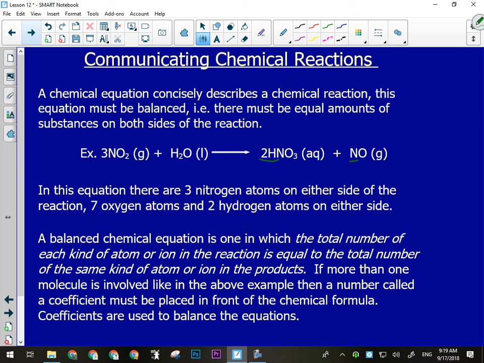They don't have to be together. They just have to be on that side. Okay, there's 3 on the reactant side. There's 3 on the product side. They may split up. They may go to different compounds. All I have to make sure of is that there's the same number on both sides of the arrow. So imagine the arrow is the balance of a scale. There has to be the same number on both sides. Doesn't matter if they're together or not, as long as there's the same number on both sides.